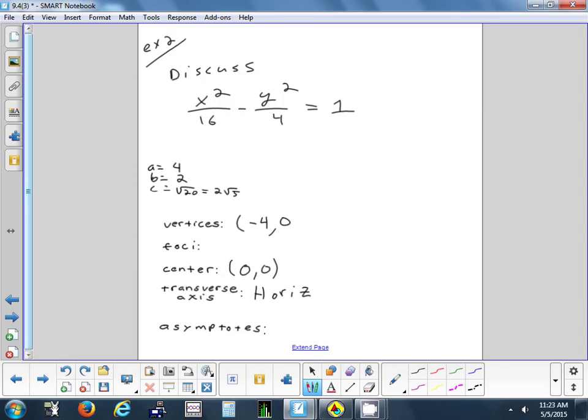Negative 4, 0. Yep. And how about 4 units to the right? 4, 0. I guess for that one, you could have just written plus or minus 4, comma 0. It's fine. Okay, foci. We're going to use C for that. We're going to go 2 root 5 units to the left and to the right.